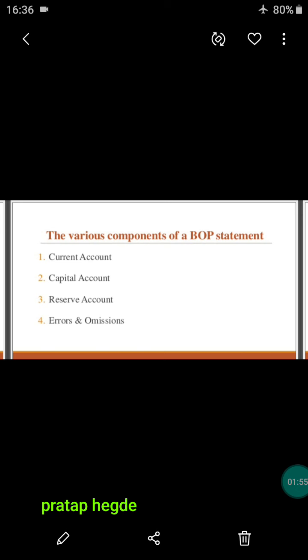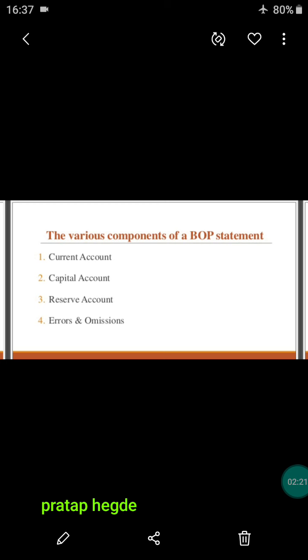The balance of payment statement consists of various components. The first one is the current account. The current account deals with all the transactions that take place from a country to the rest of the world. The capital account holds the record of exchange of capital from one country to another.